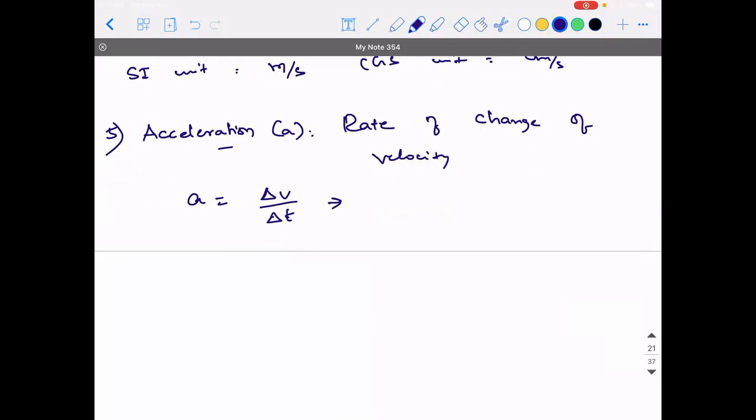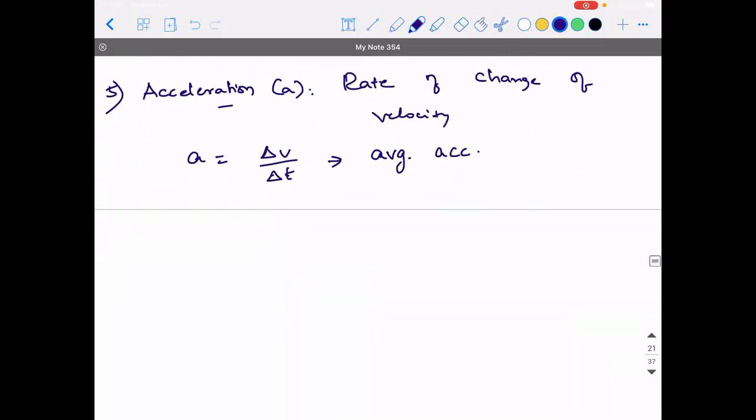It's average. By now you should have figured it out. Average acceleration, because I'm calculating delta of something by delta of something. Whereas if I have it as instantaneous, this will be dV by dt. This is the instantaneous acceleration. Clear, guys?